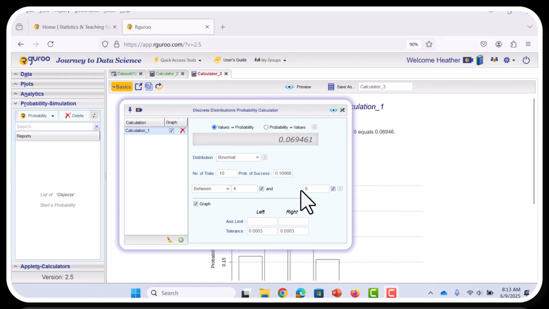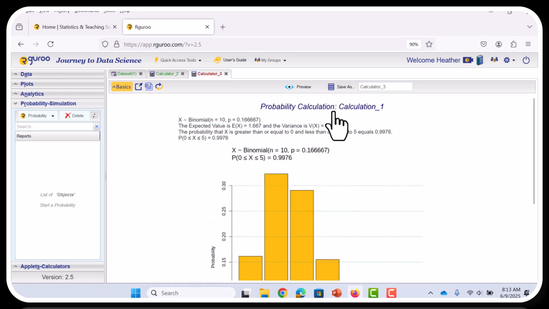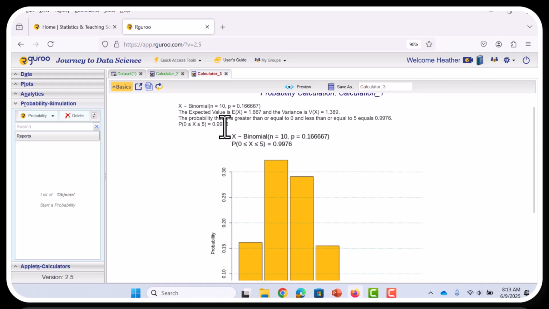So I'm going back to my binomial calculator, and the only thing I have to really change here is the 0 and the 5. Those are the two numbers I want to calculate the probabilities between. Let's just see what happens if I hit this and don't change anything else. Notice that this compound inequality does not look like what I want it to look like.